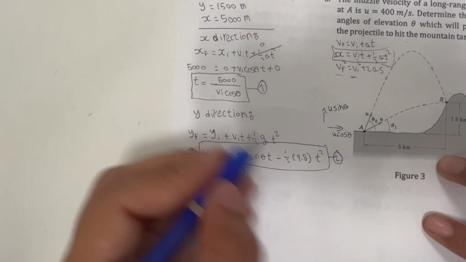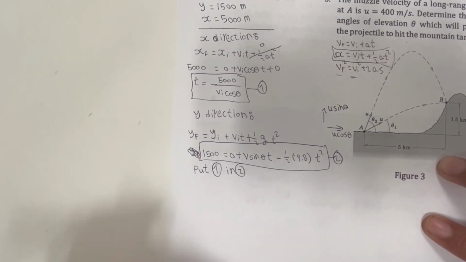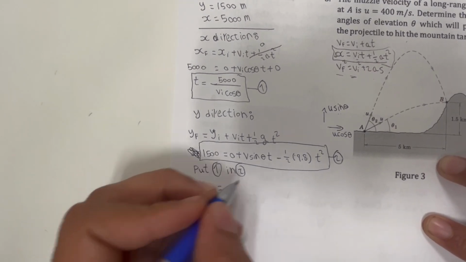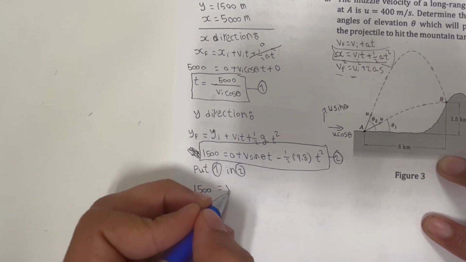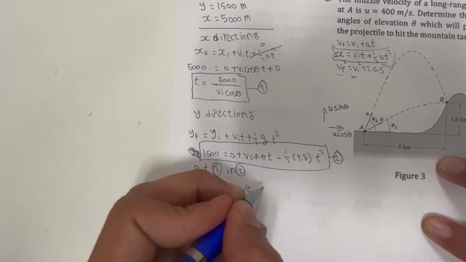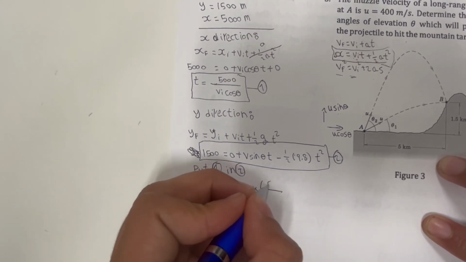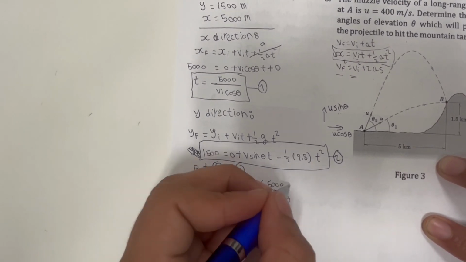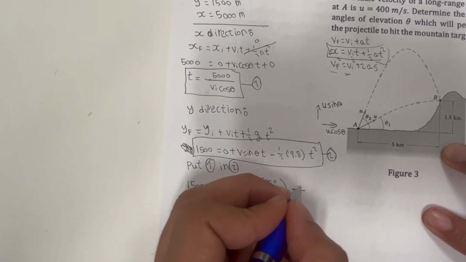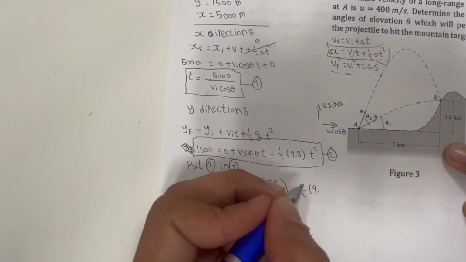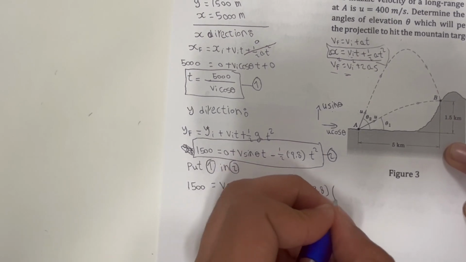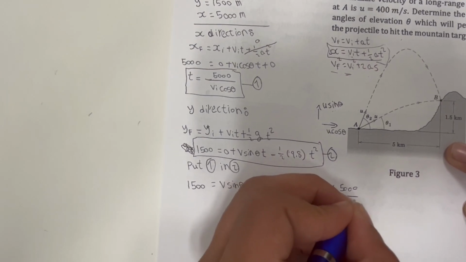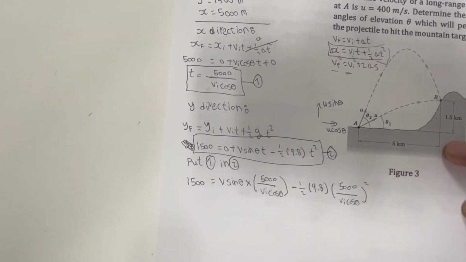Okay, we're going to move the t and we're going to put these numbers. Okay, so 1500 equals v sine theta multiplied by 5,000 over v initial cosine theta, minus half 9.8 multiplied by 5,000 over v naught cosine theta, squared.